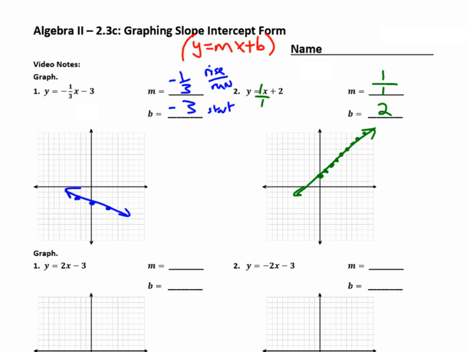Going through, solving this, graphing each of these, double check, make sure that your slope works. So in number 1, we had a negative slope that was going down from left to right. Number 2, I had a positive slope that was going up from left to right. All those things check out. I've done my job. Finish graphing these. Make sure you ask questions if you have them.